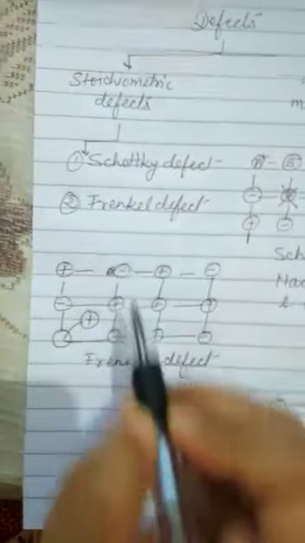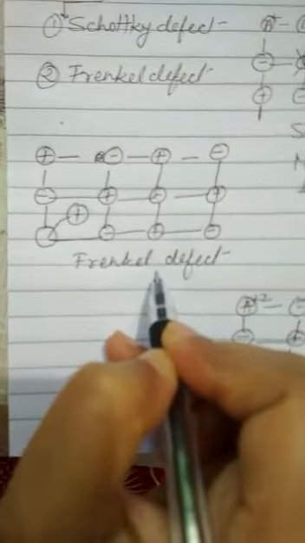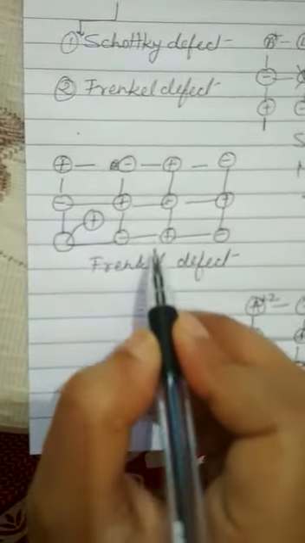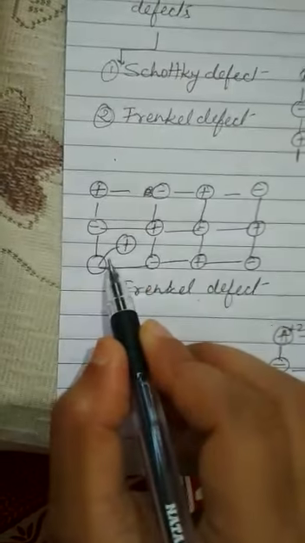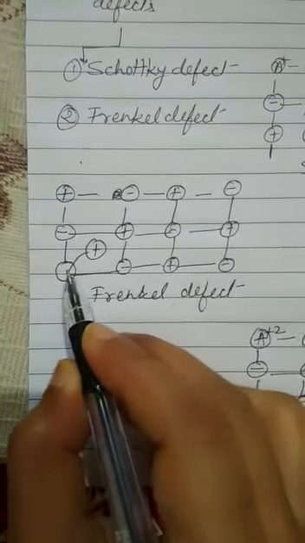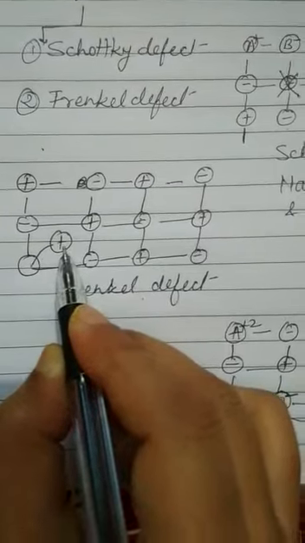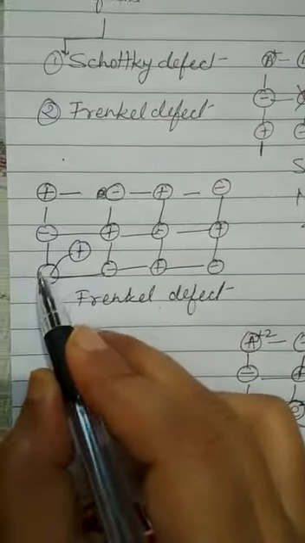Now the next defect of stoichiometric defect, Frenkel defect. Frenkel defect means when some of the ions shift from their normal lattice sites to the interstitial positions in the crystal lattice, then the vacancies are developed at the original site.